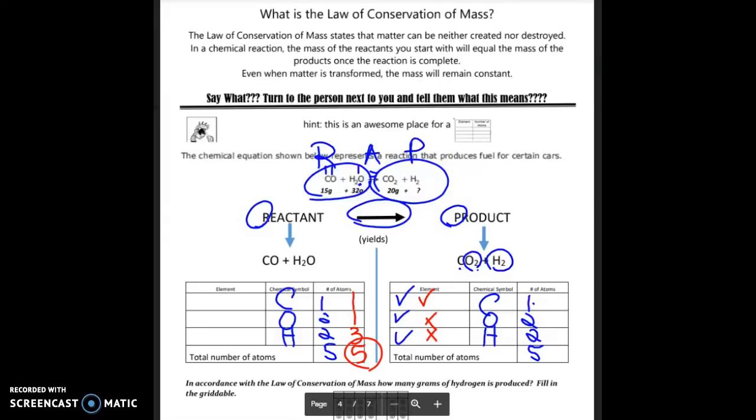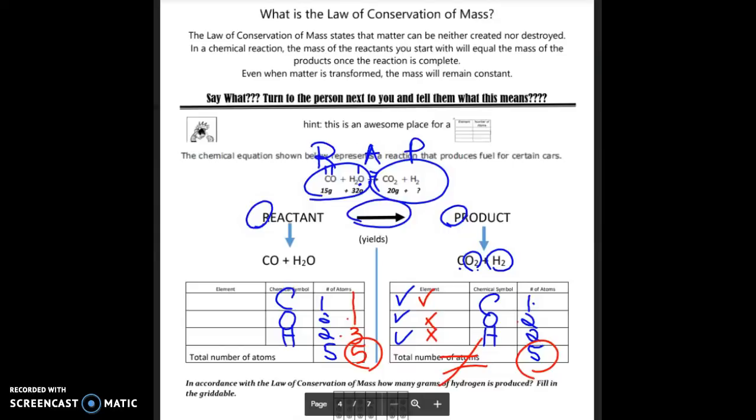Even though these two still match, it would be wrong, okay? They have to be 1 and 1, 2 and 2, 2 and 2 on the blue side. In order to have conservation of mass, if they don't match, I've either created or destroyed matter. And that cannot happen. So this one does follow the law of conservation of mass.